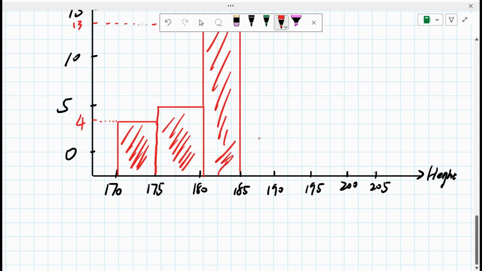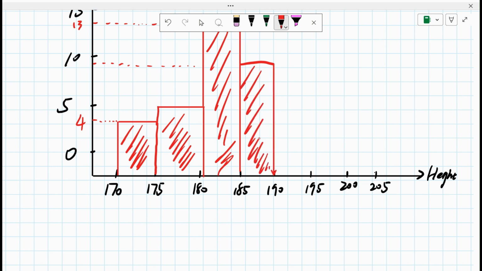Next, 185 to 190 is 9, just below 10. I like to use slash dots to give me some ideas. Then 190 to 195 is around 7, so it's here.